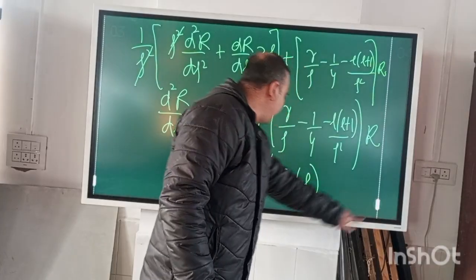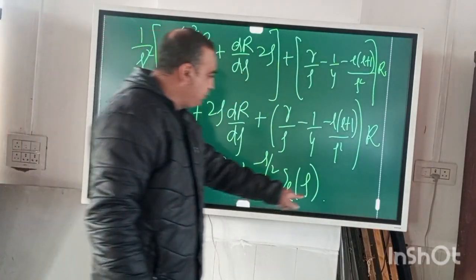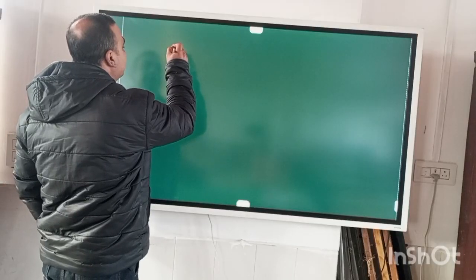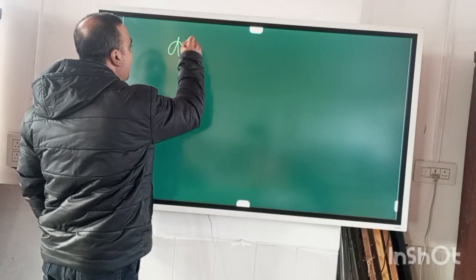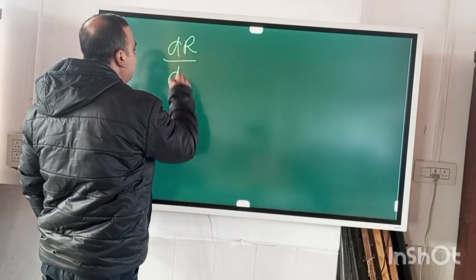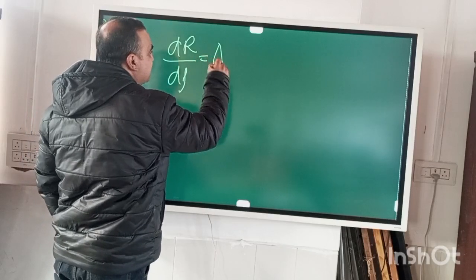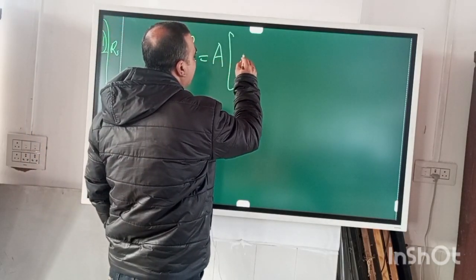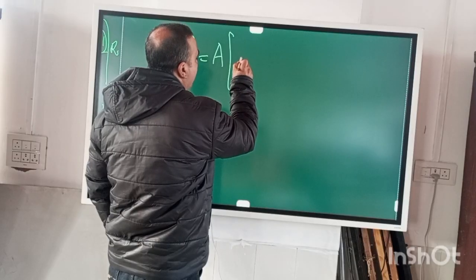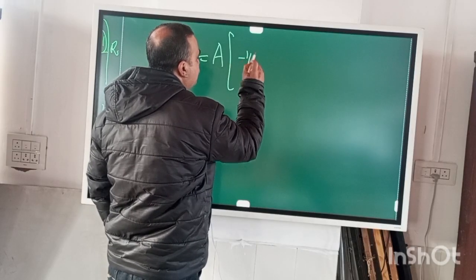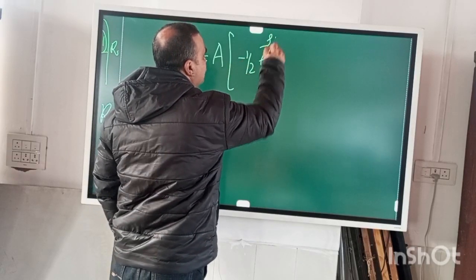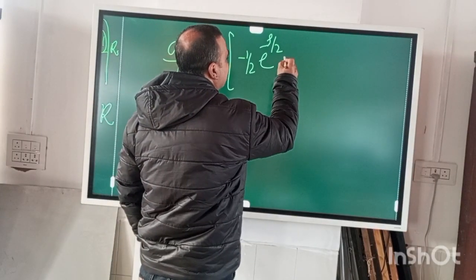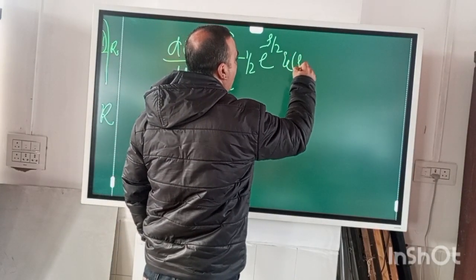Okay, take its first derivative. That will be dr by d rho, which must be equal to a, a constant, get it out. Inside I will have minus 1 by 2 e to the power of minus rho by 2, then I will have, I have missed something, zeta of rho.